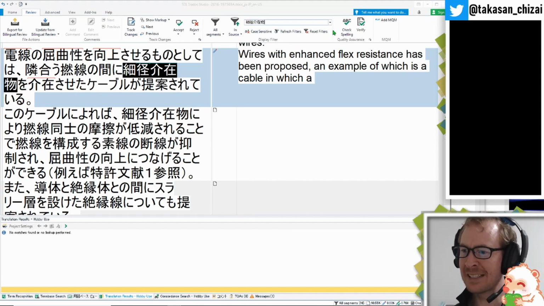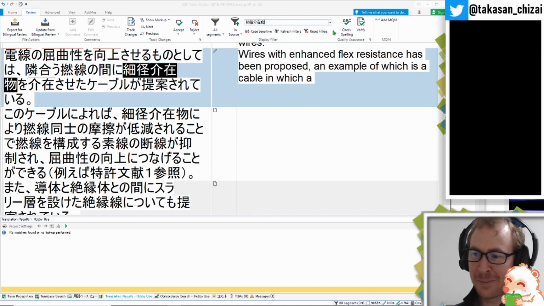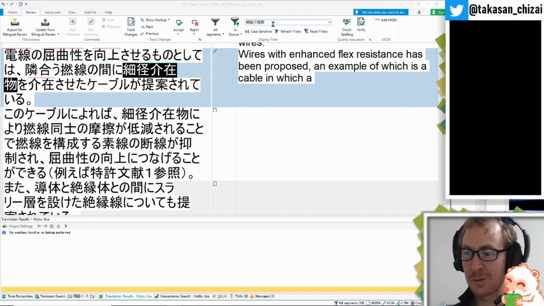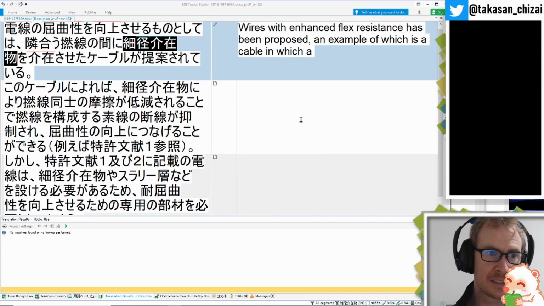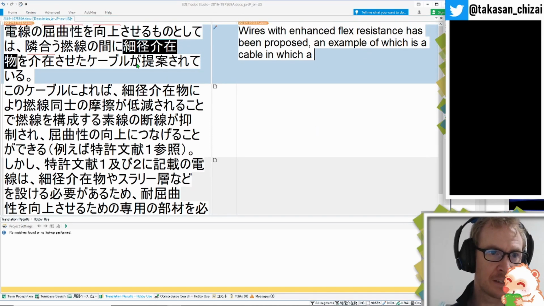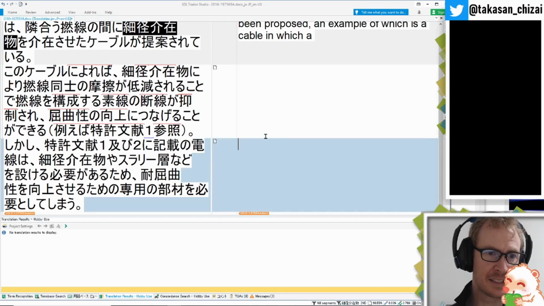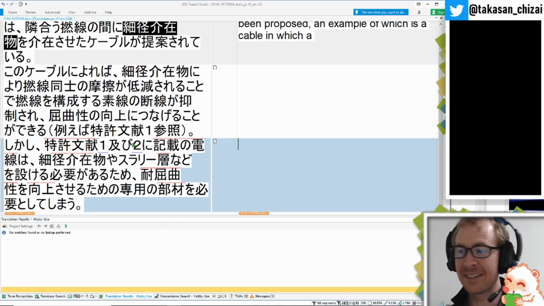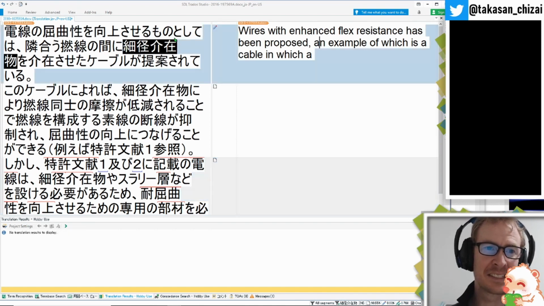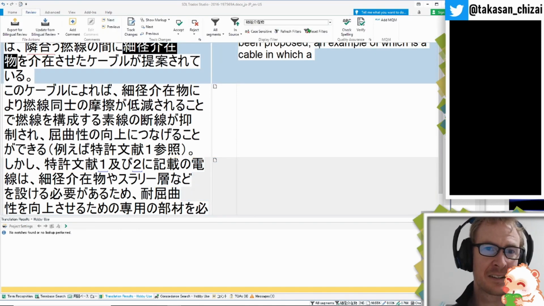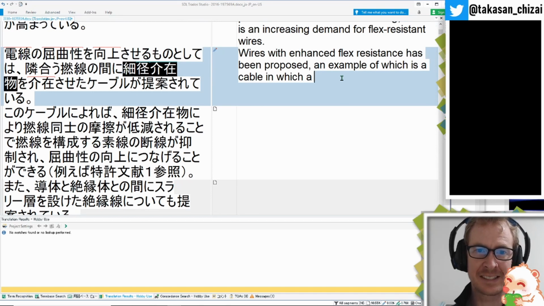If this word is used throughout the specification, I might need to find a better word. If it's just once in the specification, it's not quite as important. Okay, so this thing only appears 1, 2, and you can see it's only in the background art. So we don't need to be too fancy with our translation.